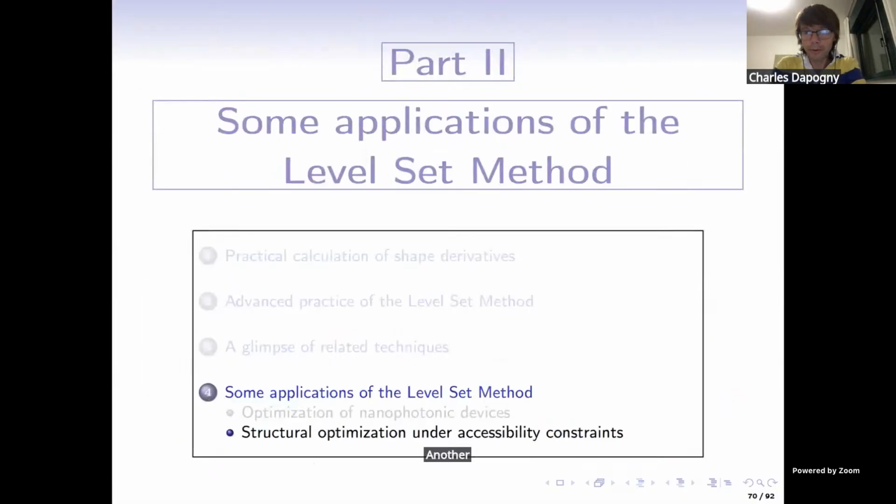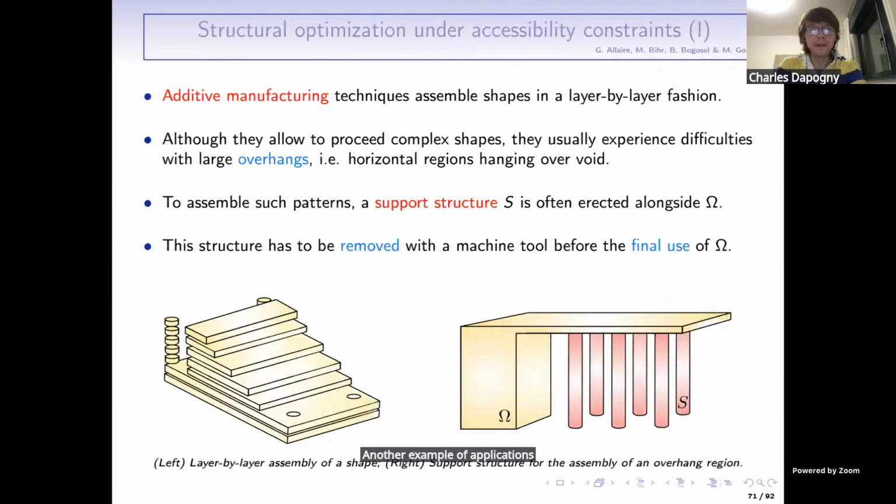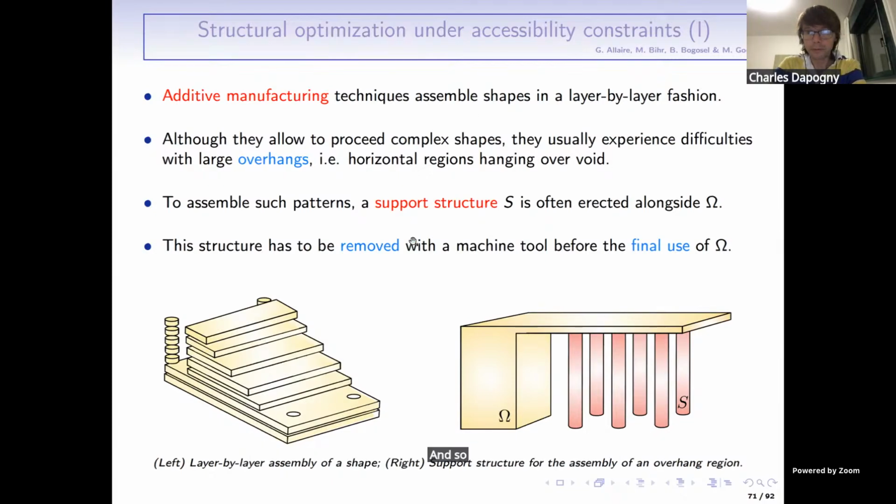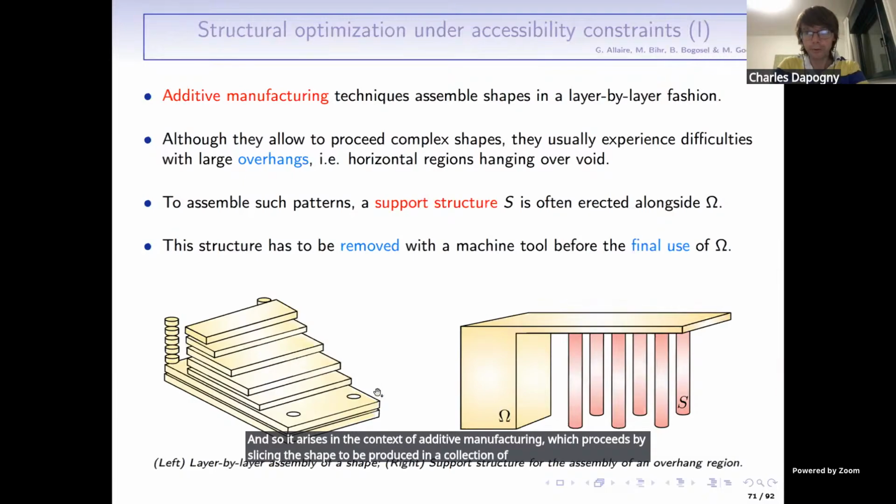Another example of application of these advanced concepts arises in the context of additive manufacturing. This was from a study made by Grégoire, Martin Beer, Benny Bogosel, and Mathias Godoy with the company Safrantech. Additive manufacturing proceeds by slicing the shape to be produced into a collection of 2D layers and constructing these layers one on top of the other.